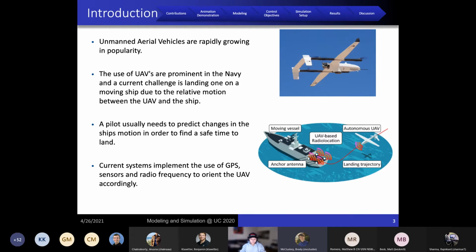A pilot can rely on their skill to predict changes in the ship's motion to find a safe time to land. But a UAV doesn't have this human capability, and needs to rely on systems that include GPS, radio frequency, and sensors in order to orient.